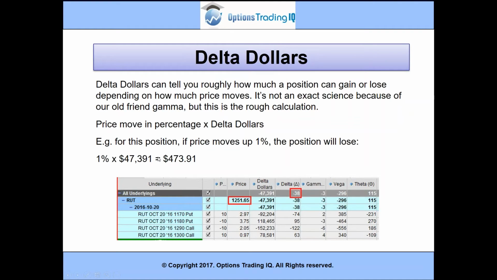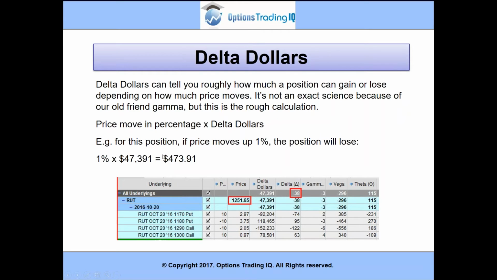But that's a rough estimate. If the market goes up 2%, your loss is going to be twice that amount. Similarly, if the market goes down, so it goes in your favor, the amount your position is roughly going to come back is again 1% of 47,391.